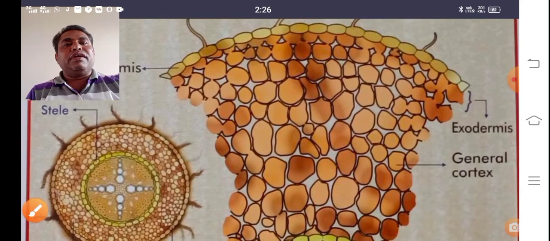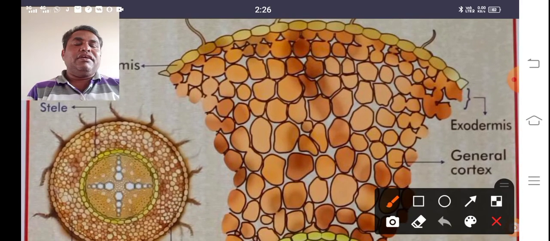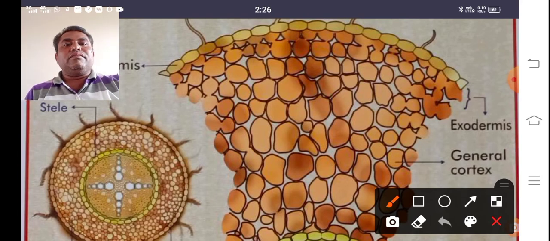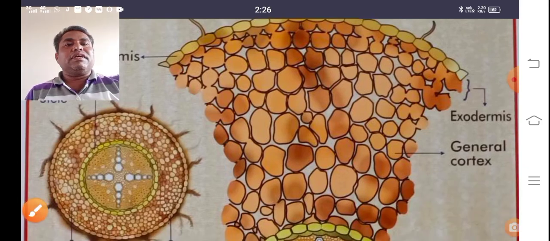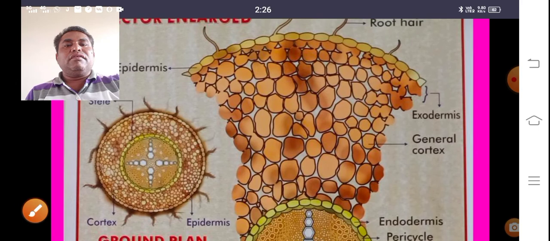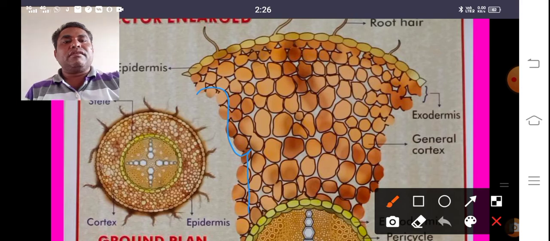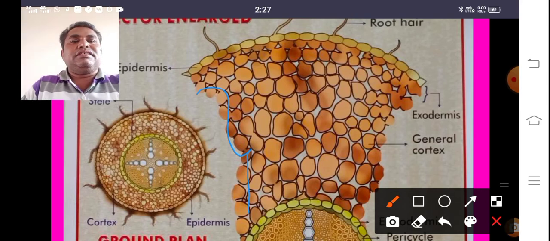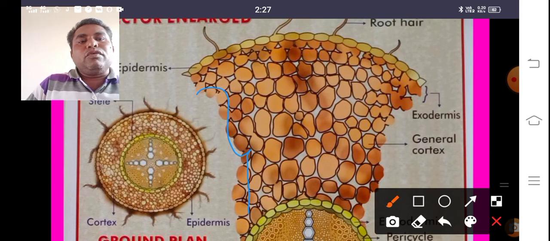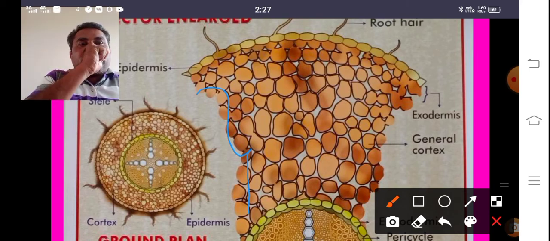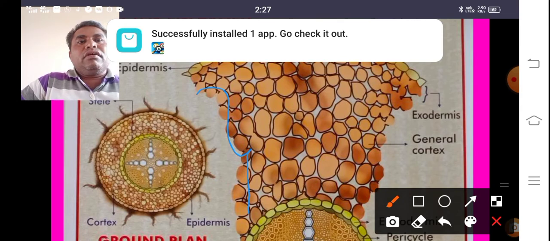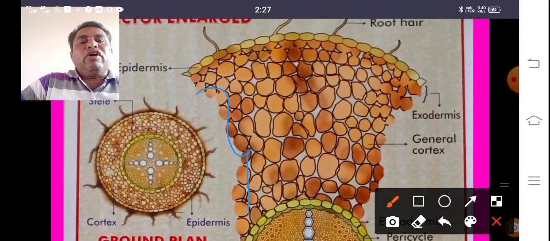Below the epidermis is the second part of the dicot root. From here to here, once again I will show you. From the epidermis to the pericycle, this zone is called the cortex. The cortex is divided into three zones.